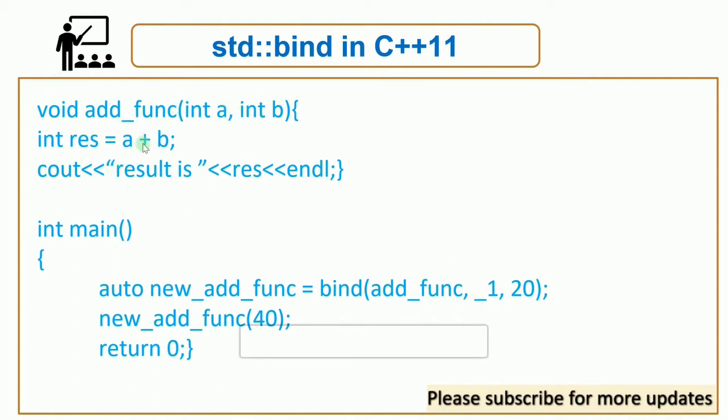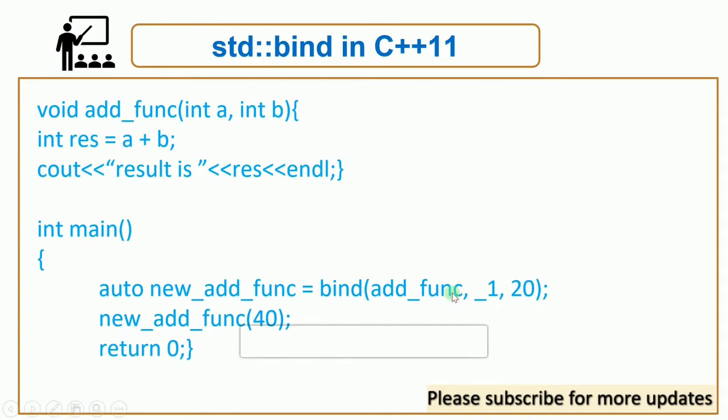This function has 2 arguments. Since I have created the new function, I have bound this particular function with a new function object. Therefore, when I call these functions, depending upon these changes, we can simply predefine the values. So we can call in that manner.